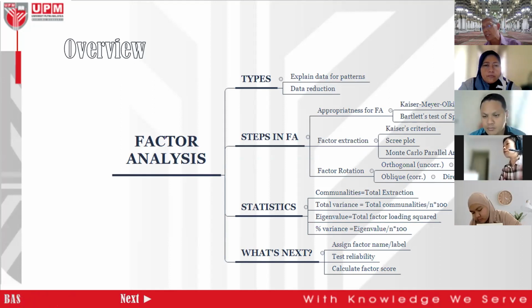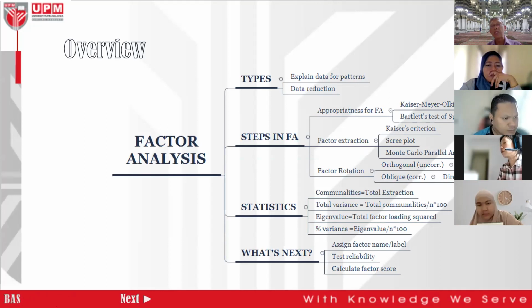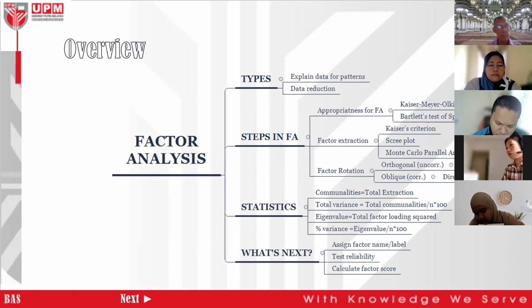Second is data reduction. You can use your EFA for these two purposes, either to look for patterns within your data for the variable or for the construct, or to reduce the number of items, which we consider as data reduction. Okay, those are the two types.